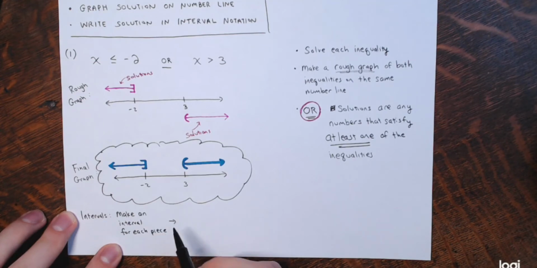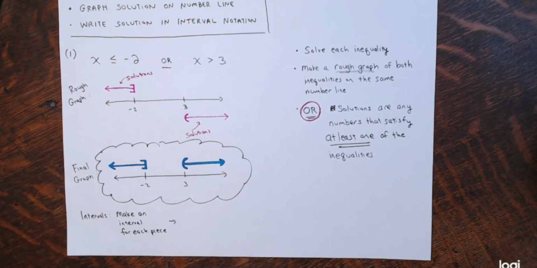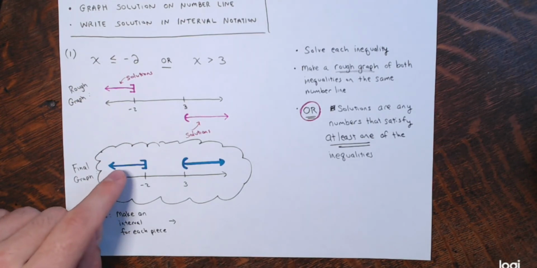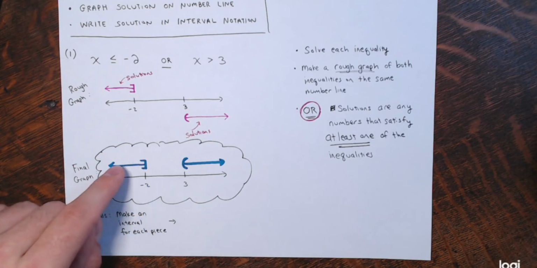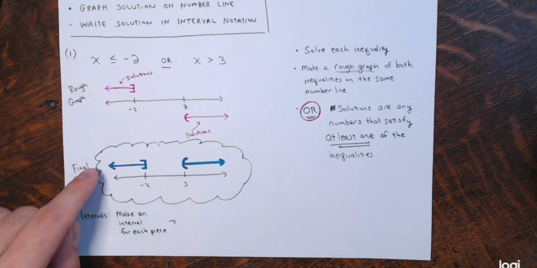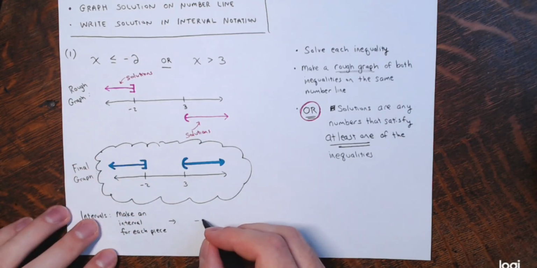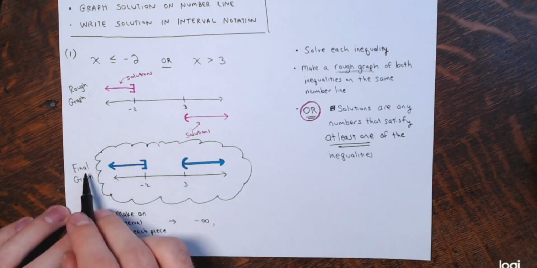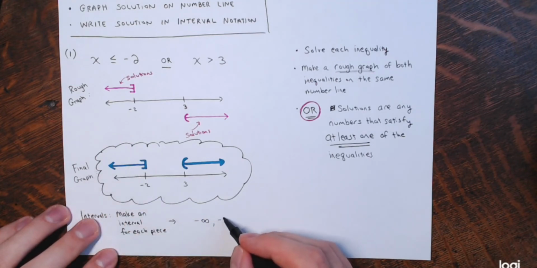And you always draw these intervals, remember, from left to right. So the first piece, going from left to right, well, there is no far left end, so that would be from negative infinity up to negative 2. So I put negative infinity, comma, negative 2.